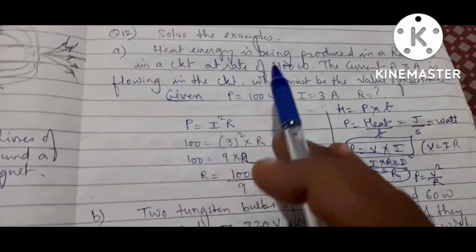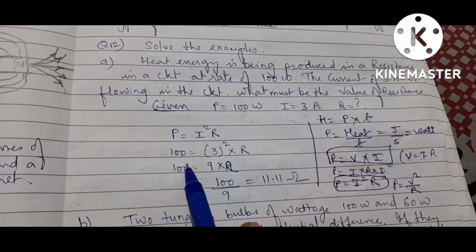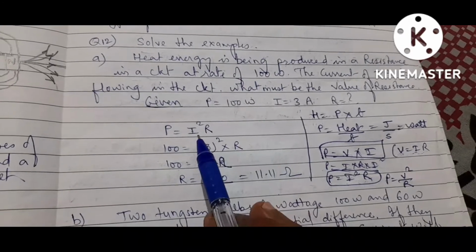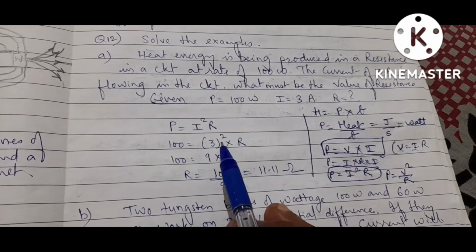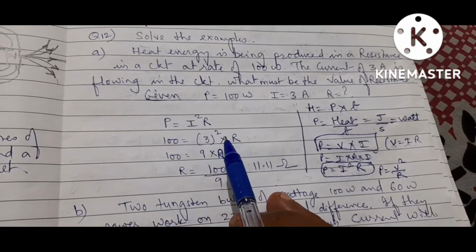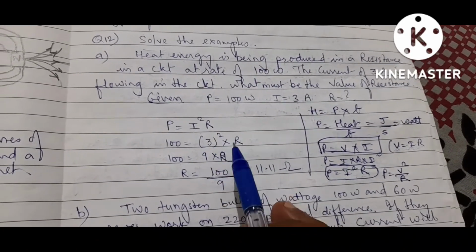Power is given here, 100 watt, that is 100 is equal to I, which is 3, whole square, into R. R we have to find.